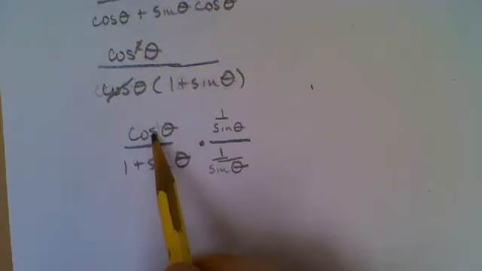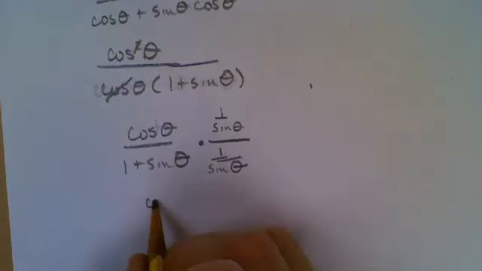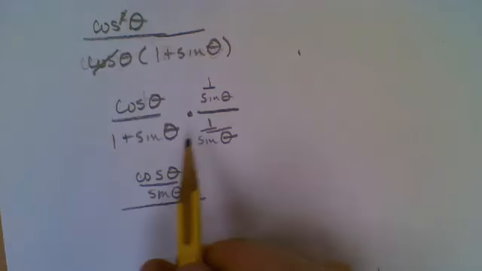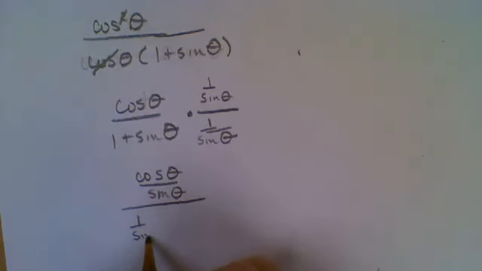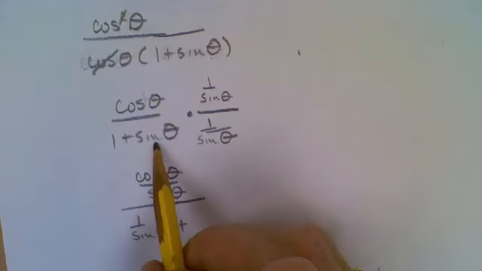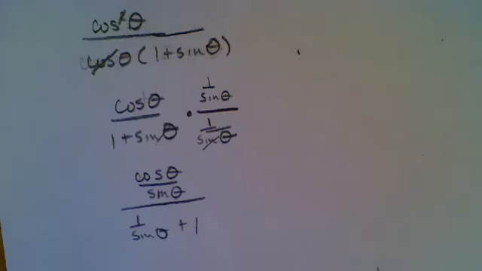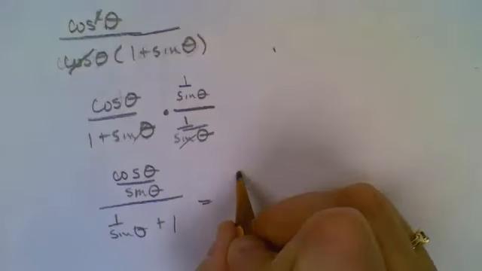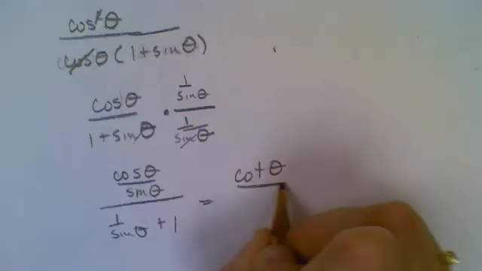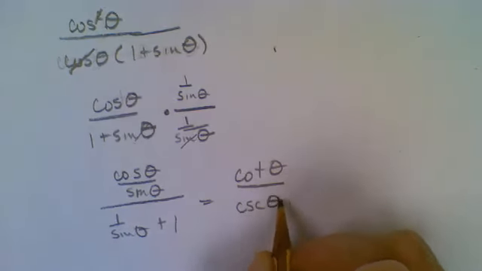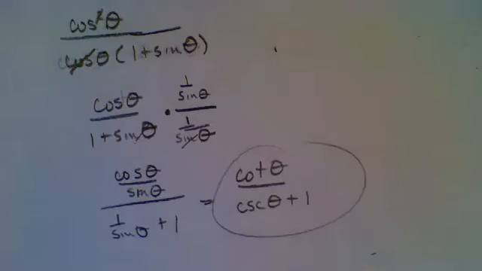So when I do that, up here I'm going to get cosine over sine, over, here I'm going to get 1 over sine, plus, when I take sine times 1 over sine, the sines drop out, I'm left with 1. So what does that equal? It equals the cotangent over cosecant plus 1. And that's where I was trying to get to.